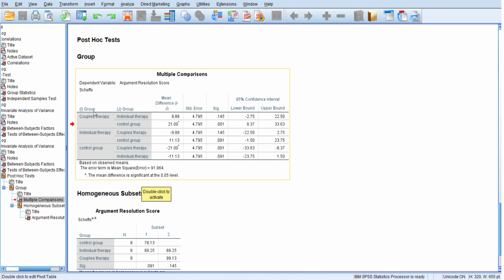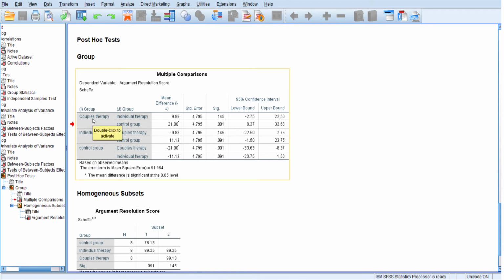Same for this one: the individual therapy group's average score on argument resolution. Same thing here: the control group's average score on argument resolution. Okay? So now we need to figure out how we read this to determine how we need to write our results.